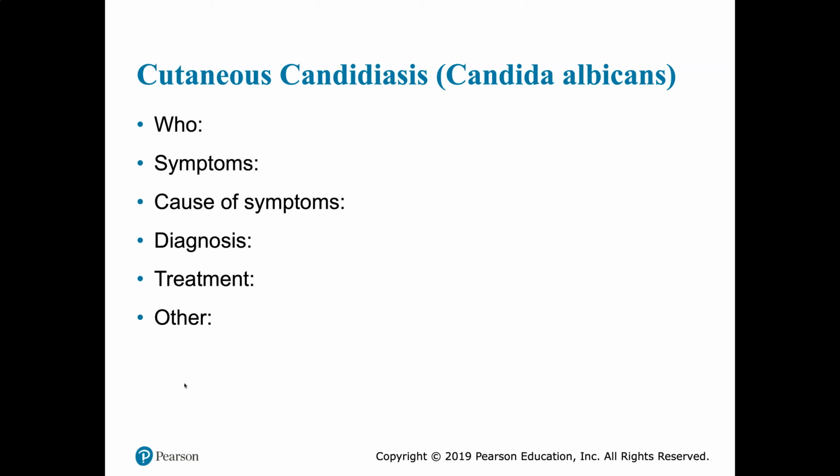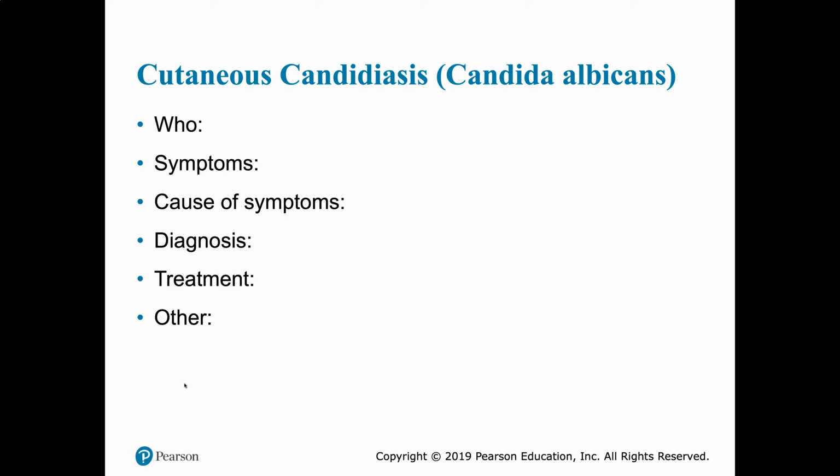The cause is the Candida albicans makes a bunch of adhesion factors that allow it to attach to host tissues, and then it breaks down keratin to invade the skin. So our skin has a layer of keratin on it, which is a bunch of dead cells, and it helps waterproof and leak-proof our skin.